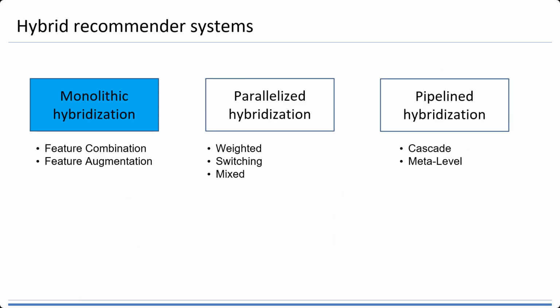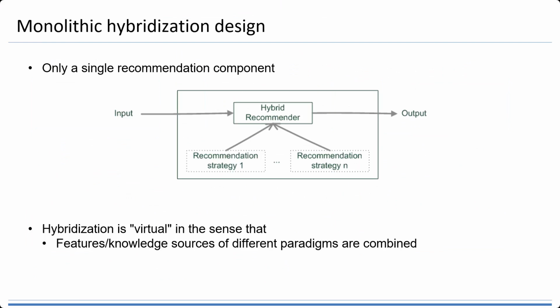First, let's look at the monolithic hybridization. There are two methods, feature combination and feature augmentation. In the monolithic hybridization design, we are going to have a single recommendation component. We have the input and then we go to the hybrid recommender.